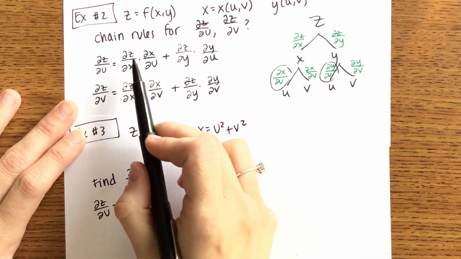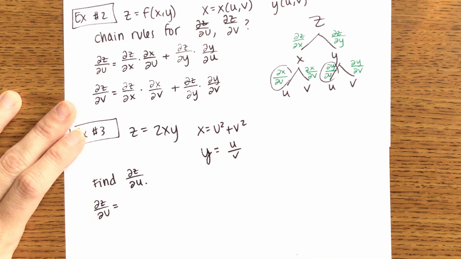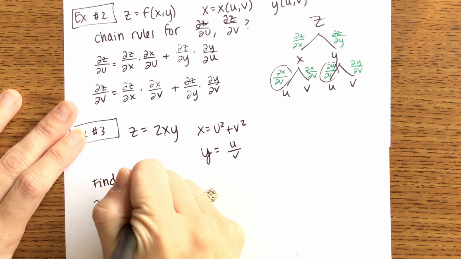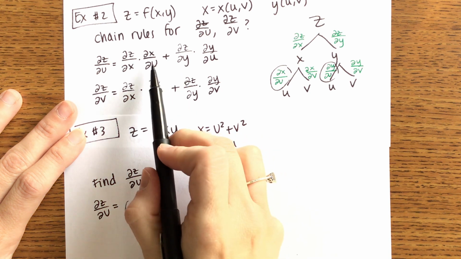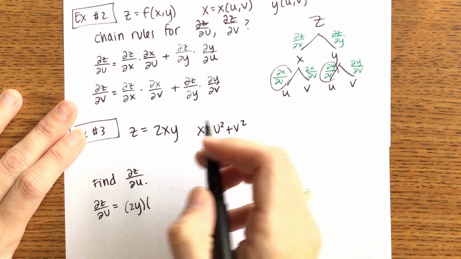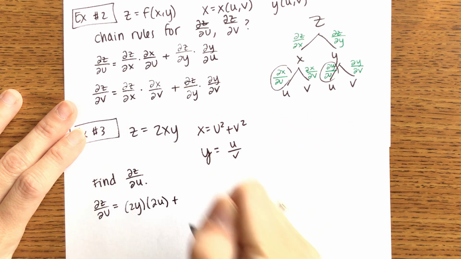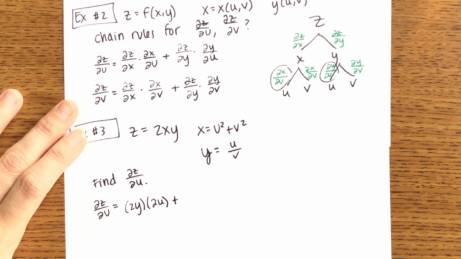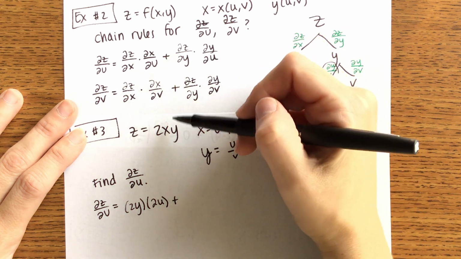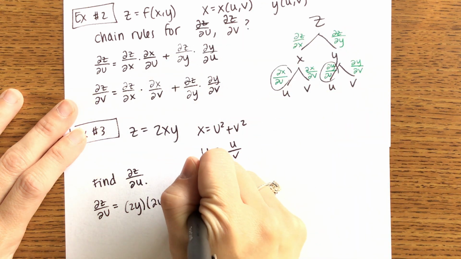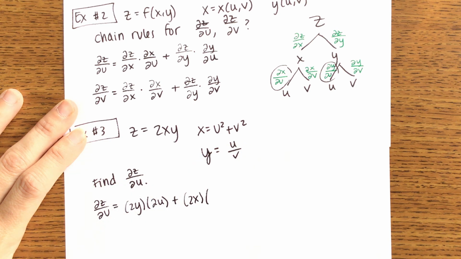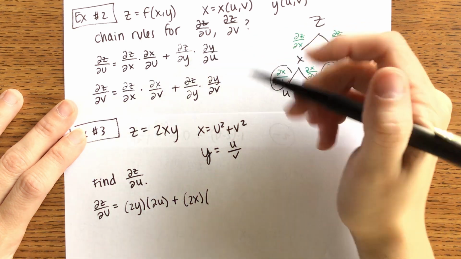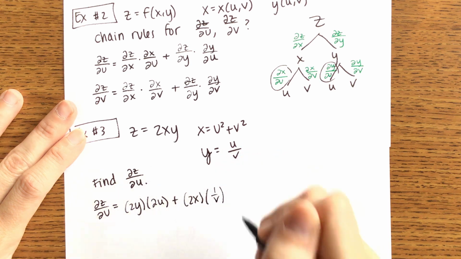It'll be the derivative of z with respect to x, so that'll be 2y. And then the derivative of x with respect to u, so that'll be 2u. Partial of z with respect to y, so that'll be 2x. And then the derivative of y with respect to u, which is 1 over v.